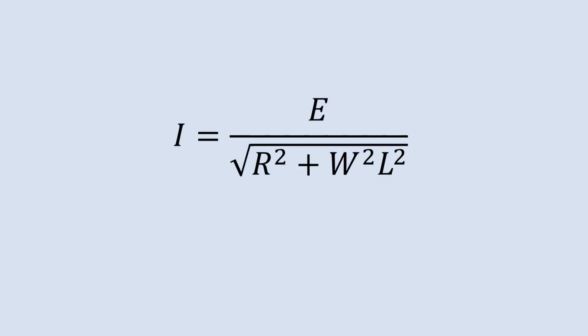So, without wasting much of your time, we have this equation which reads I is equal to E divided by the square root of R squared plus W squared L squared.